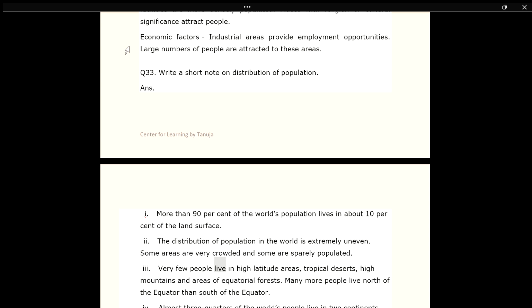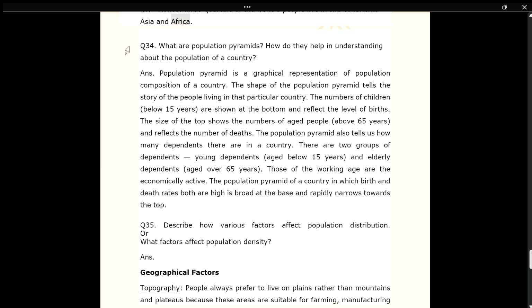Very few people live in high latitude areas, tropical deserts, high mountains and areas of equatorial forests. Many more people live north of the equator than south of the equator. 4. Almost 3/4 of the world's people live in two continents, Asia and Africa.